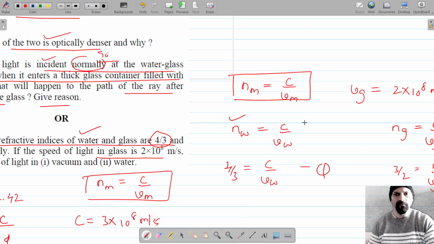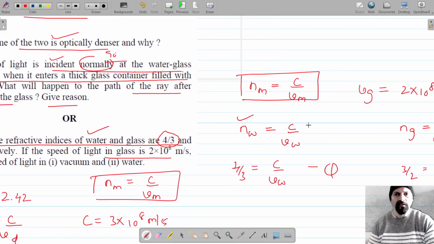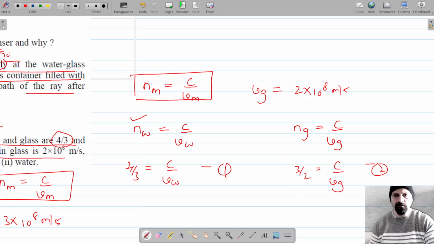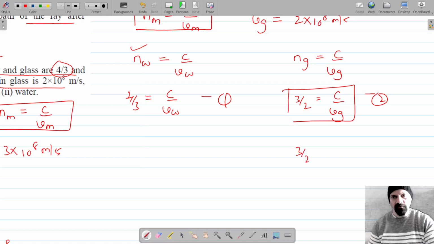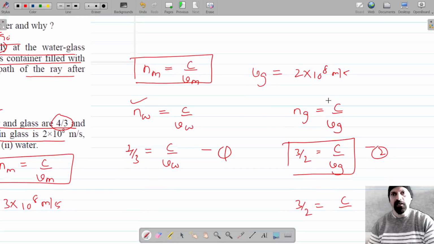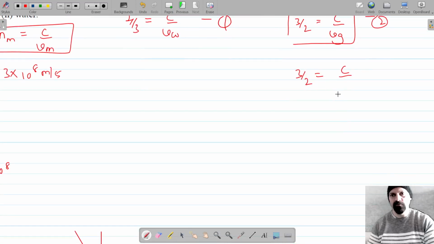So speed of light in vacuum means C. So let's use this one. So here its refractive index is 3 by 2, C, and V speed of light in glass is 2 into 10 raised power 8 meter per second. So if we cross multiply this, C is equal to 3 by 2 into 2 into 10 raised power 8 meter per second. So this gets cancelled.